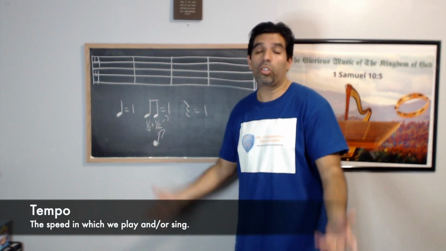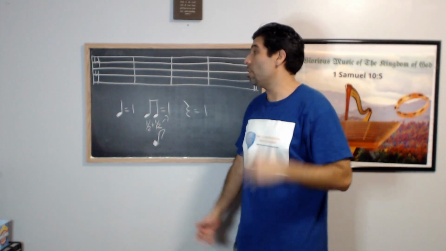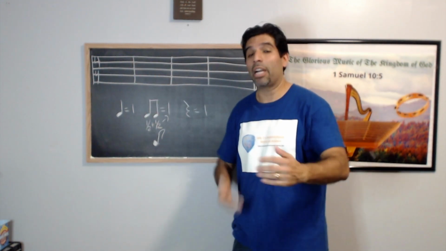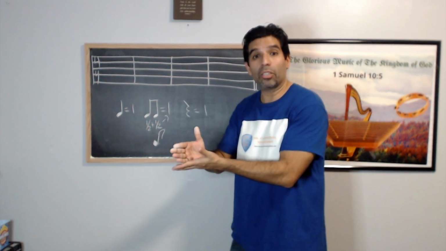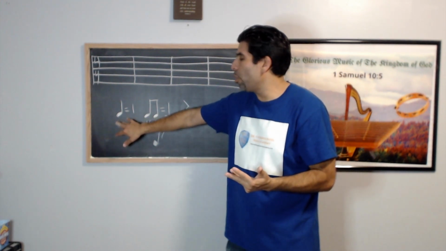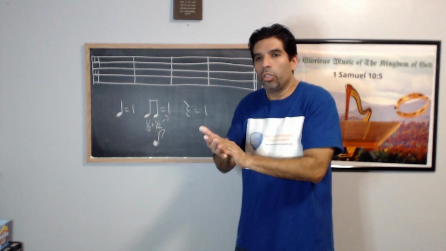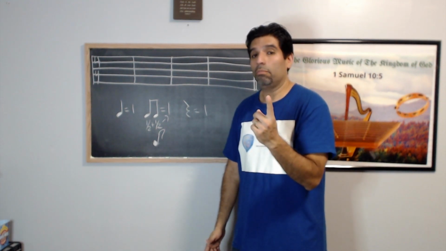Tempo is how fast or slow you play or sing a song, right? We usually do our tempo counts at the beginning of our rhythm example to get us going and to stay on a particular pace. So we go 1, 2, ready, and if we were doing 4 quarter notes, we'd go 1, 2, 3, 4. That's one speed, right?